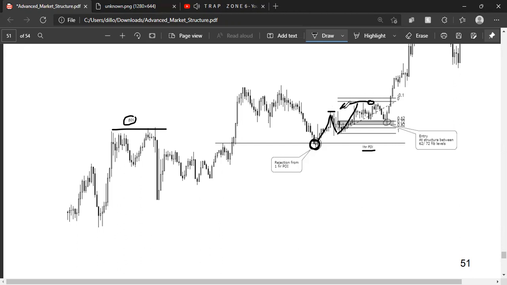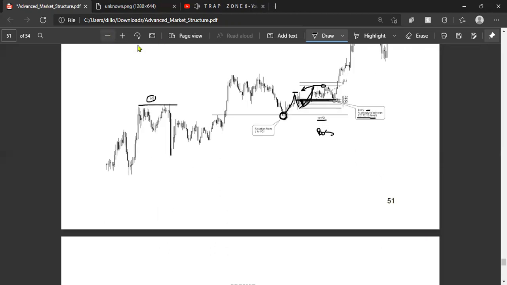This is higher, so we got a minor break of structure. And that retracement before breaking structure here would have been our point of interest. So entry at structure between the 62 and 72 fib levels.